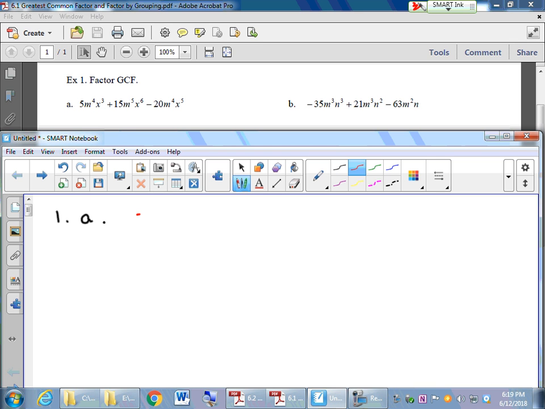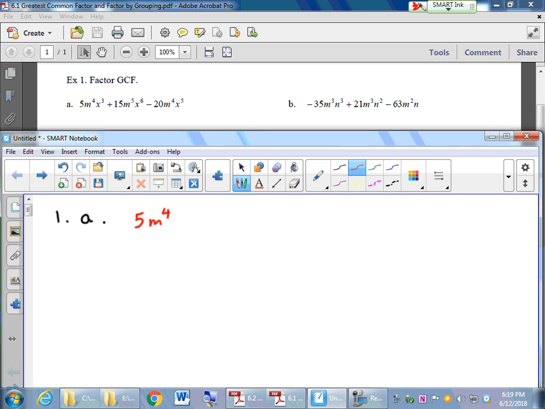So therefore, factor 5 out. And then the variable: m to the 4th power, m to the 5th power, m to the 4th power. On every term, m to the 4th power is the common and the greatest. So factor out m to the 4th.